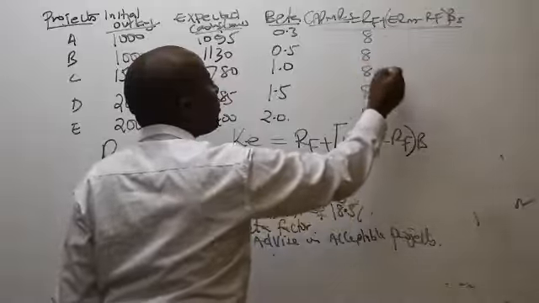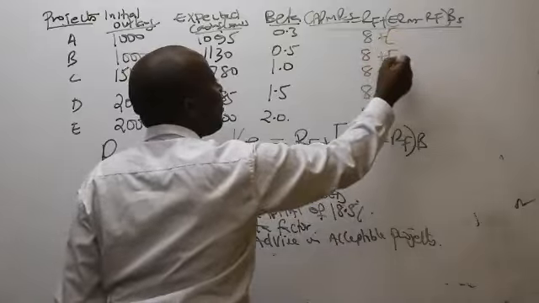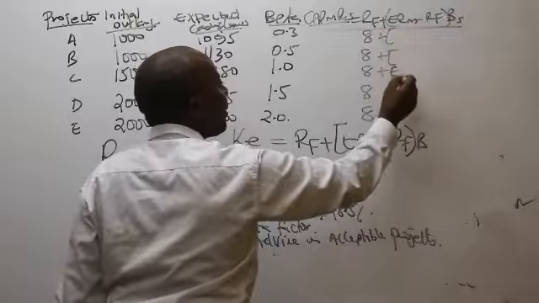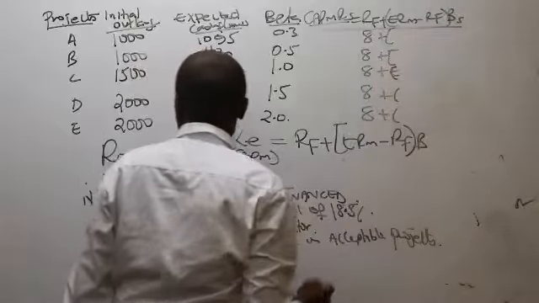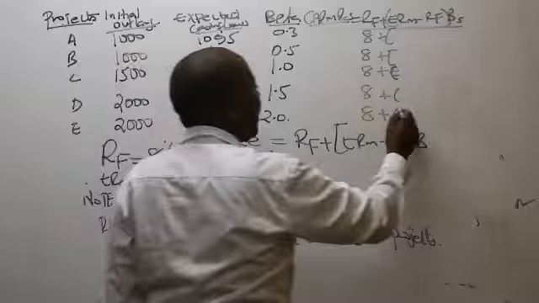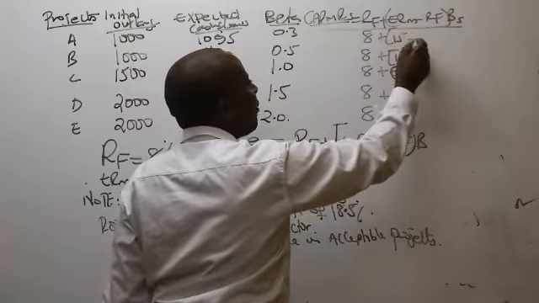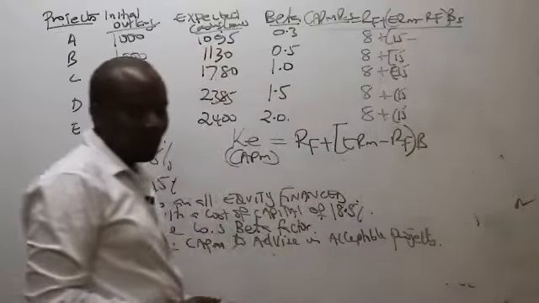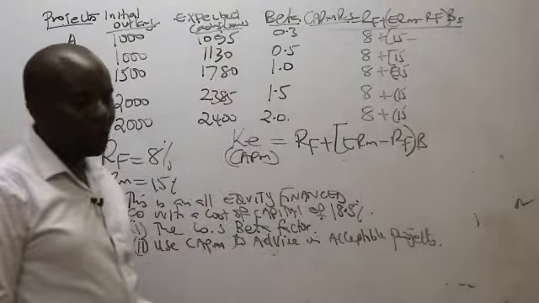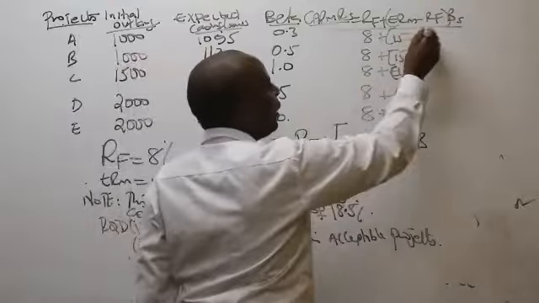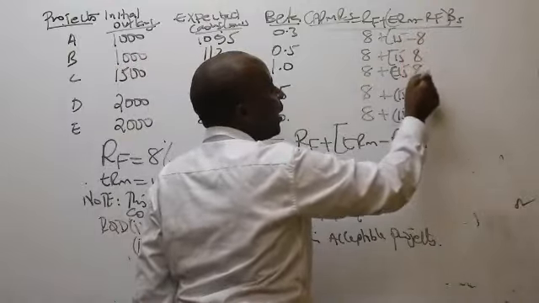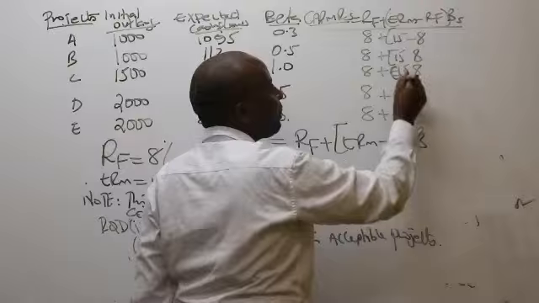plus ERM. And the ERM, you gave me figures of 15, minus the risk-free. Risk-free, of course, will remain the same. Risk-free is 8. So we have 8. And I know I'm subtracting.